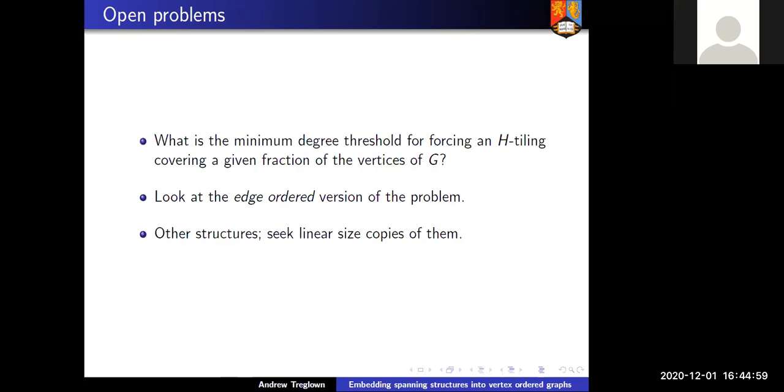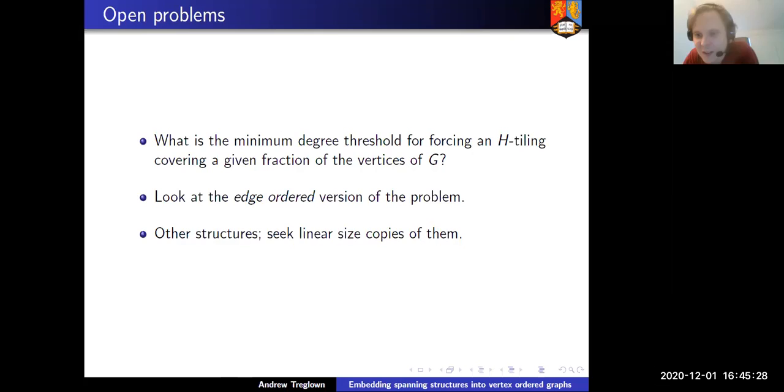Yeah, thank you. And another question: can you recover the usual results from this? Is there some way to encode, let's say, the Kühn-Osthus theorem by choosing the right labeling? I haven't thought about that. So for the Turán problem, the way that Pach and Tardos set it up does imply the Erdős-Stone-Simonovitz theorem, because they talk about families.